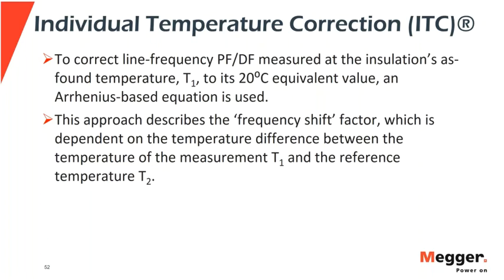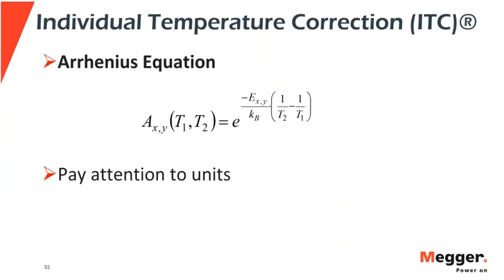And this equation is going to produce what's called the frequency shift factor, which is dependent on the temperature difference between the temperature I'm measuring at, so 35 degrees C, and the reference temperature I want, which is of course 20 degrees C. So here's the equation for you.